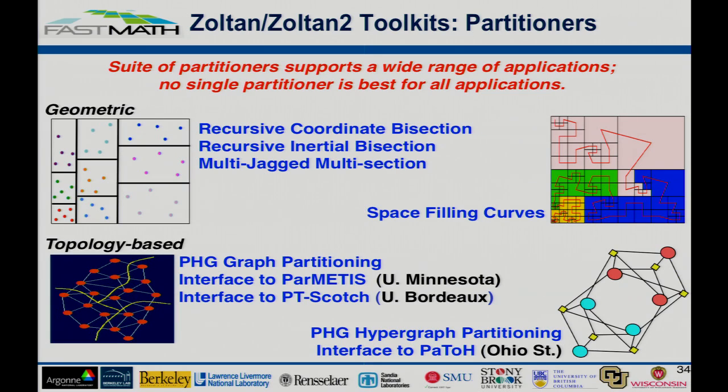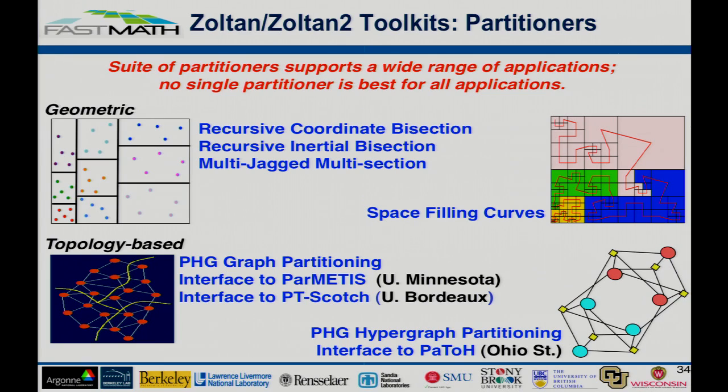So the most common bisection techniques are the recursive coordinate and recursive inertial, where the inertial tends to track the geometry of your domain better. If you have kind of an L-shaped domain or something, it's not just going to fire cut lines on the axes. And then you have a multi-section technique, multi-jagged, and that's in Zoltan 2.